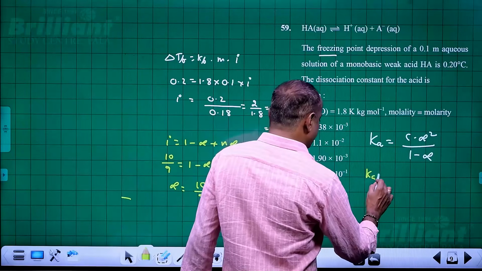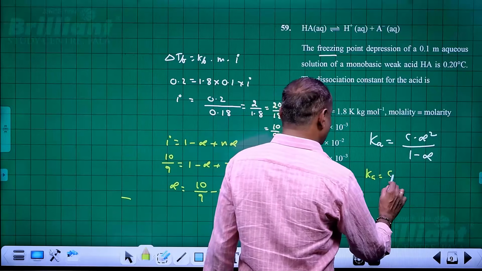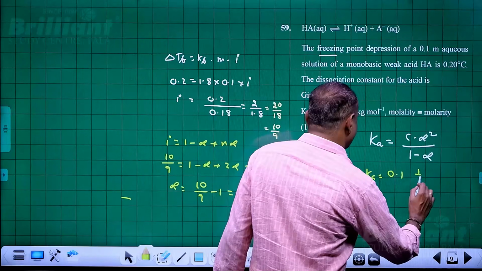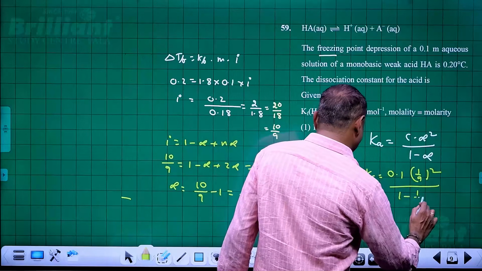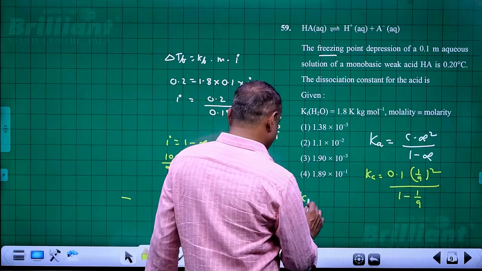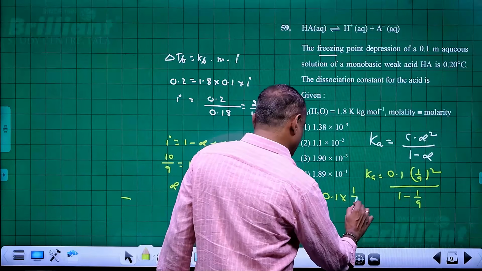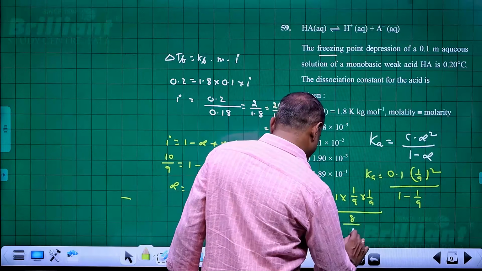Ka is equal to C alpha squared by 1 minus alpha, with C 0.1 and alpha 1 by 9. 1 minus 1 by 9 is 8 by 9. So Ka is equal to 0.1 into 1 by 9 by 8 by 9.